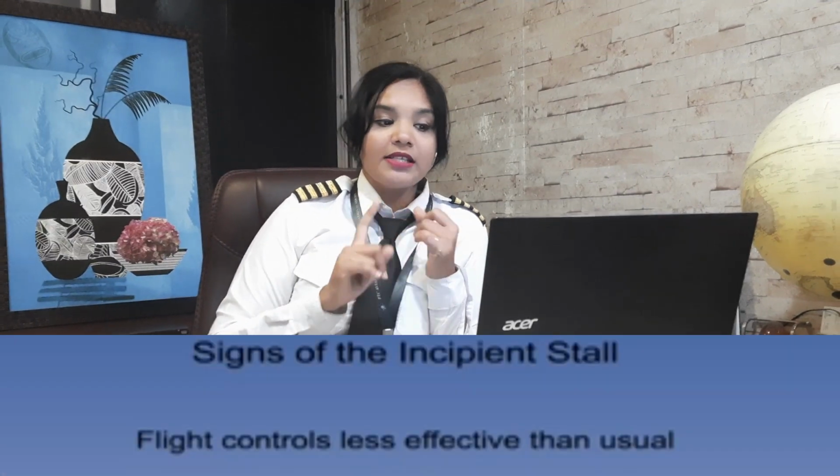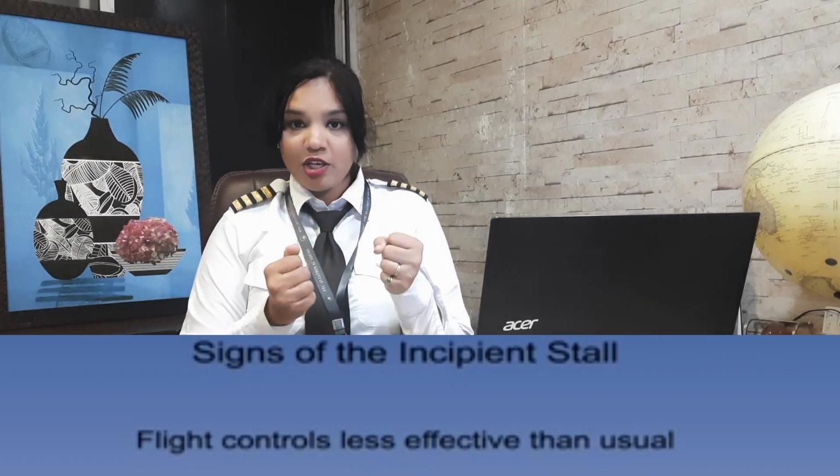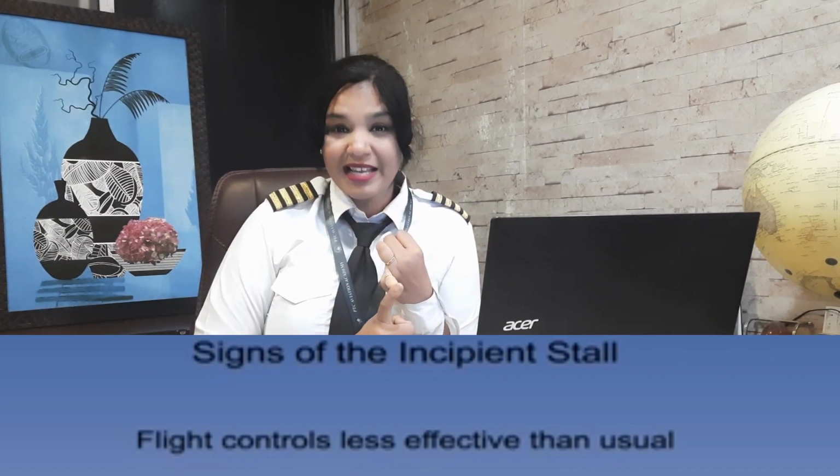Now coming to certain signs of incipient stalls, things you have to note before a stall happens. An incipient stall is when you're not completely stalling the aircraft, you are approaching stall. First, flight controls are less effective.